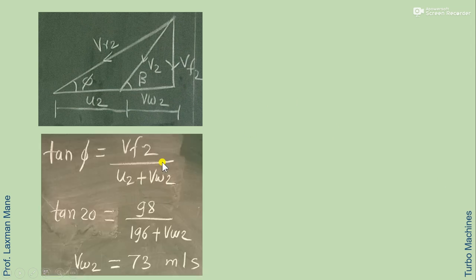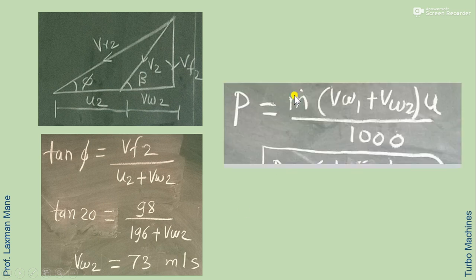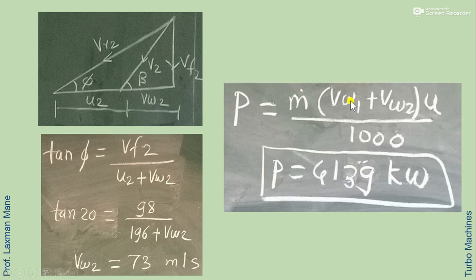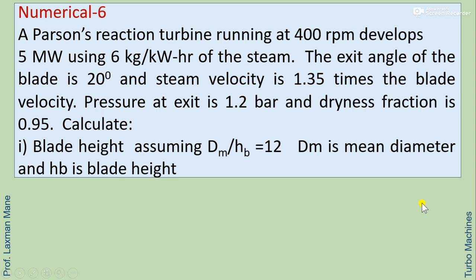After that, using outlet velocity triangle tan phi ratio, we get value of Vw2. Then we can put value of Vw1 and Vw2, U and m dot in the equation, and we get power. Now as this formula is divided by 1000, that's why we get power in kilowatt.